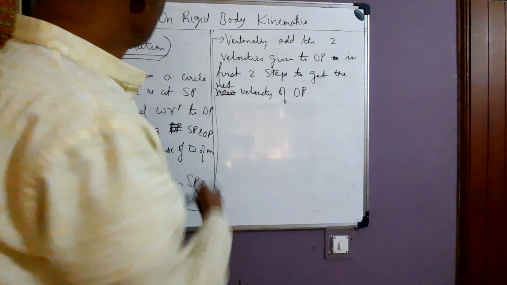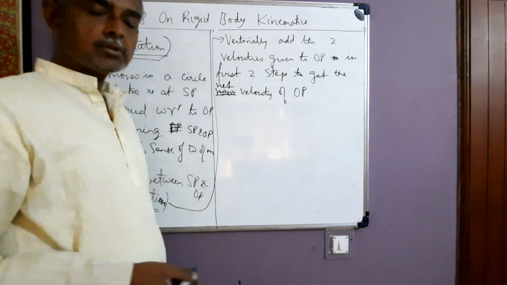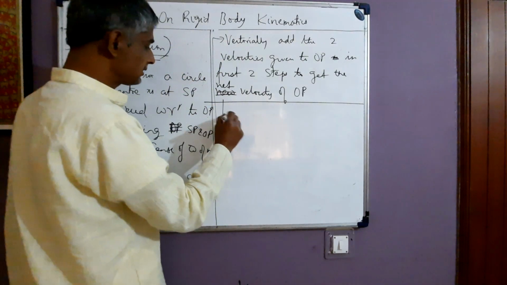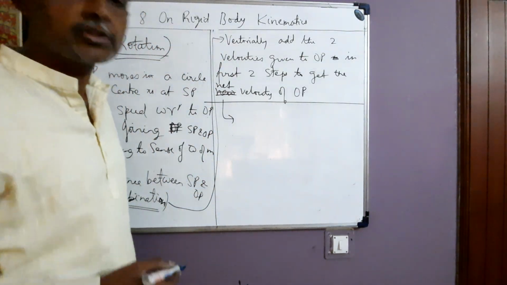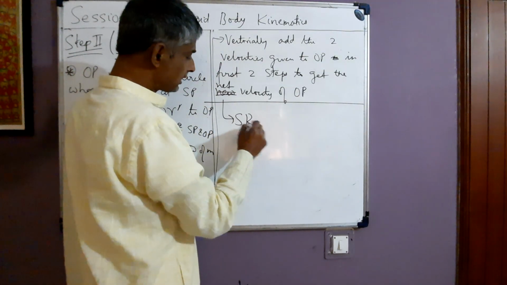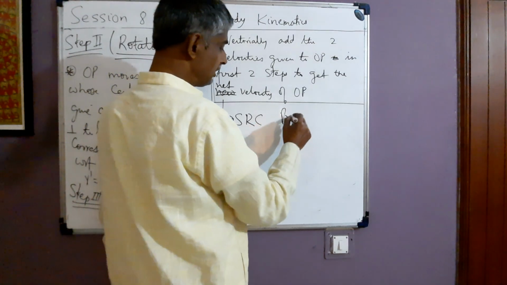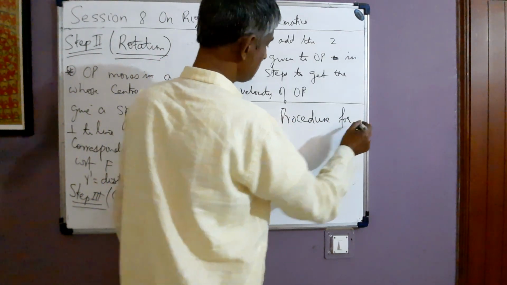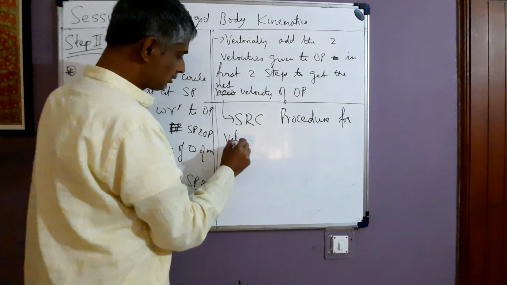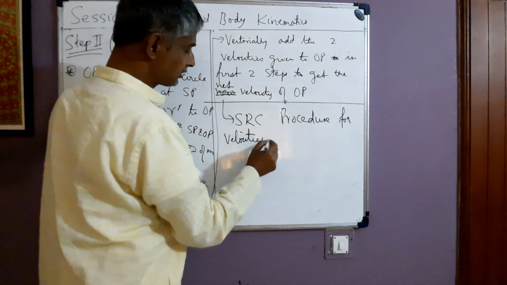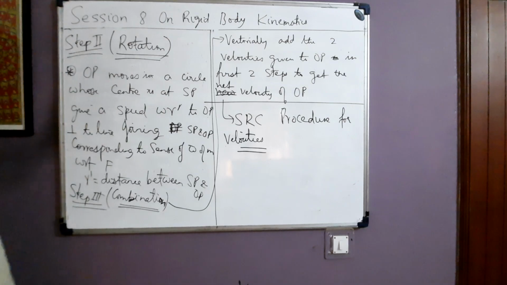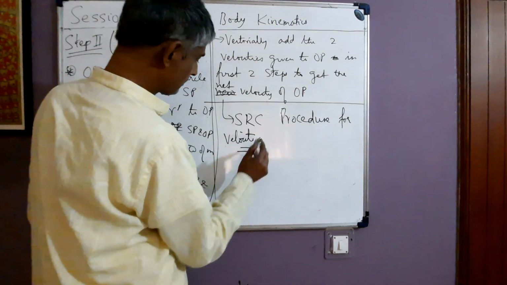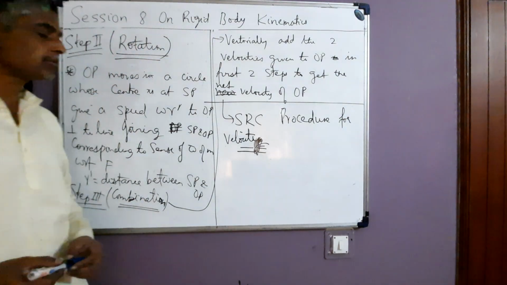So this is a three-step procedure. First is selection, second is rotation, third is combination. So we call this procedure the SRC procedure for velocity.